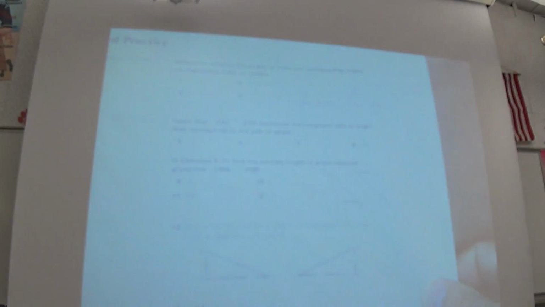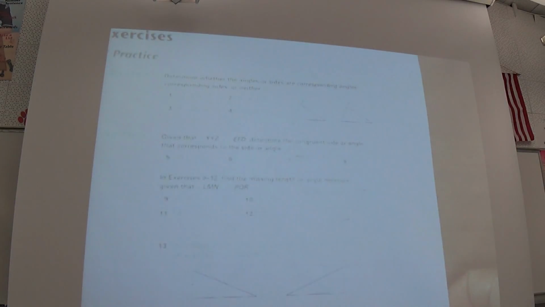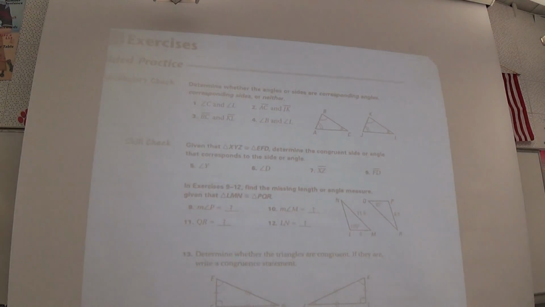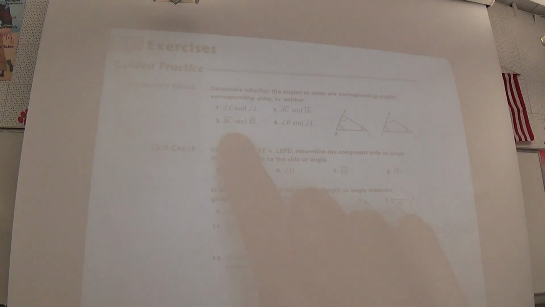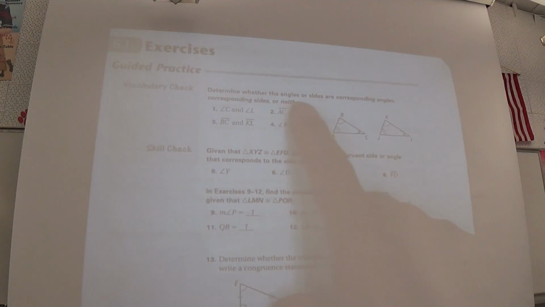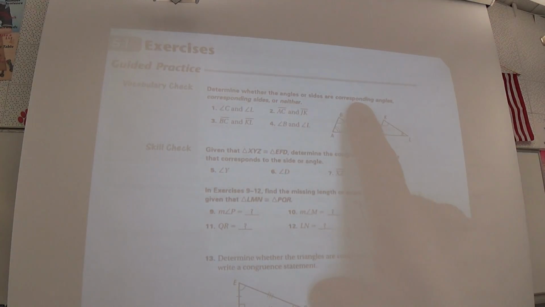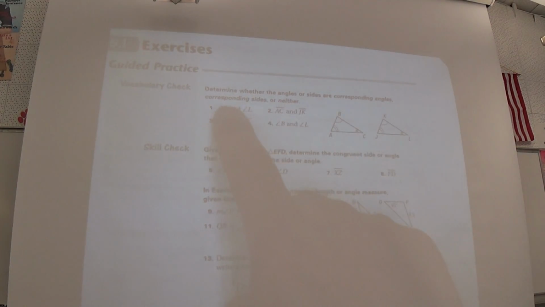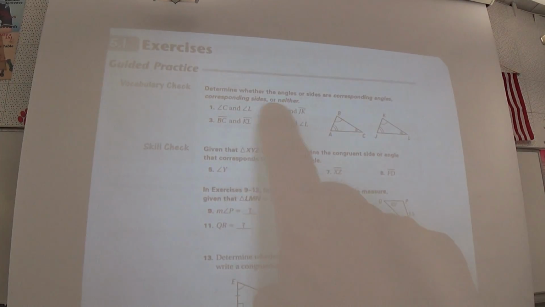All right. So let's look at the exercises now. Should be on the bottom of page 236. This is starting with number 1. It says, determine whether the angles or sides are corresponding angles, corresponding sides, or neither.